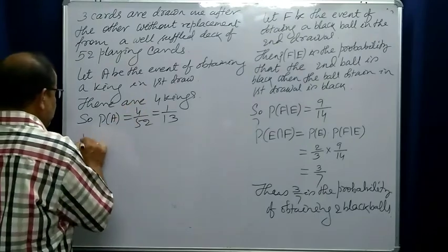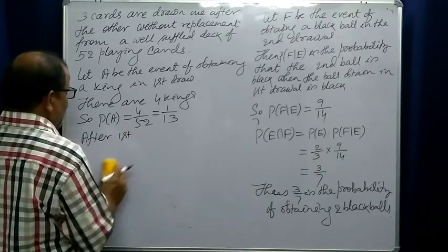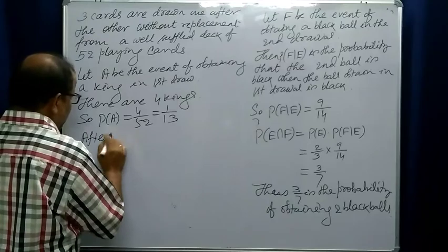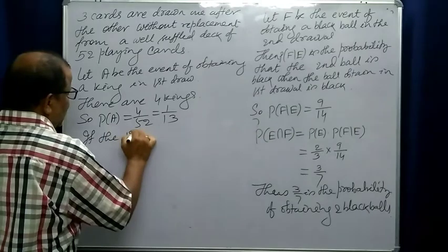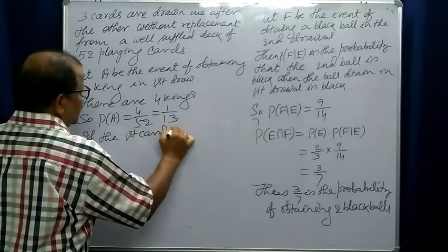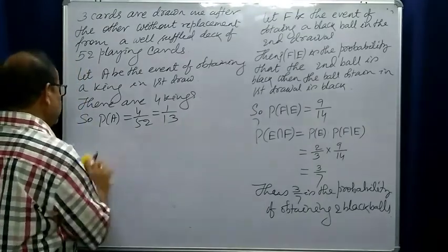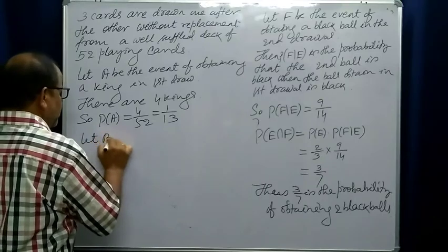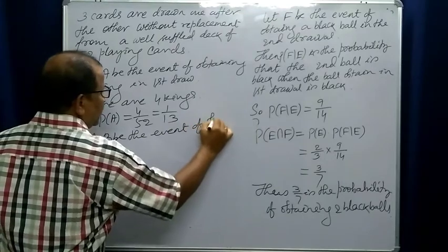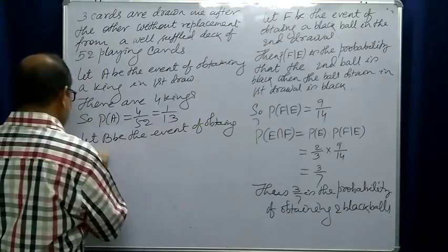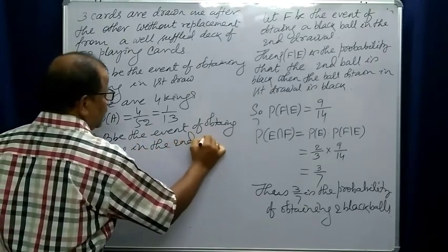And after the first draw, if the first card is a king, suppose it is A. Let B be the event of obtaining a king in the second draw.